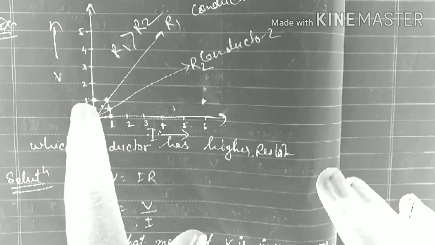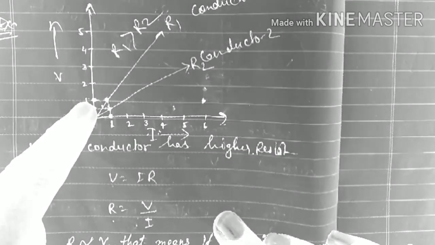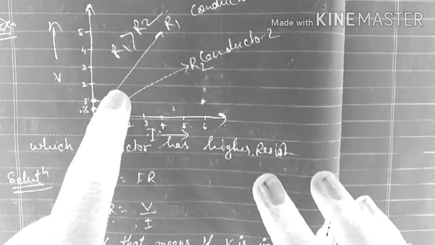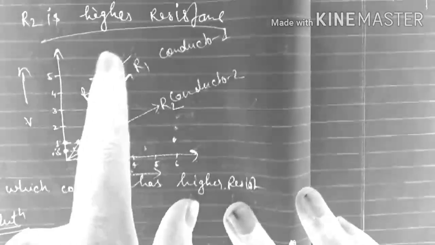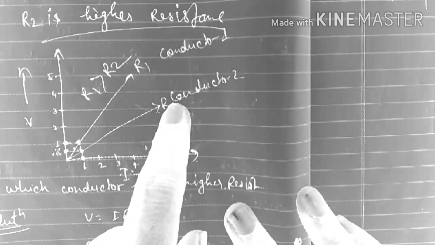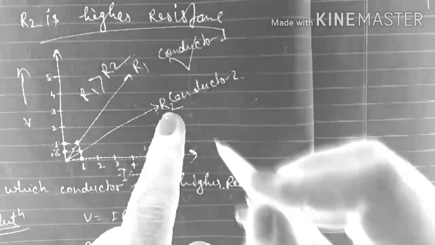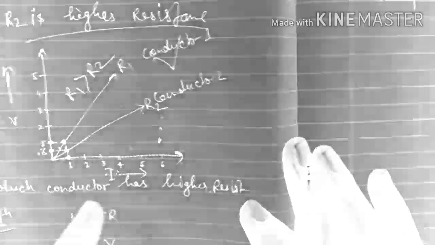For R1, V is 1. If V is large, then R is large. V is large, so R1 is large compared to R2. Conductor 1 has more resistance compared to conductor 2.